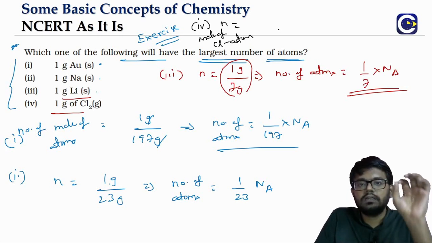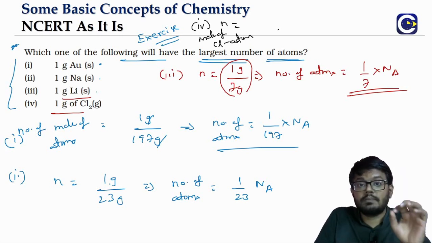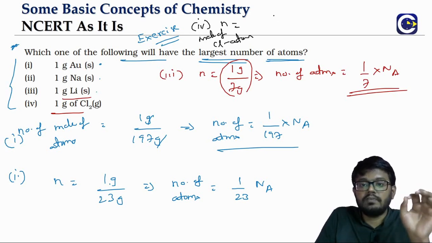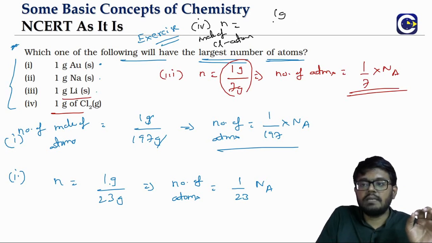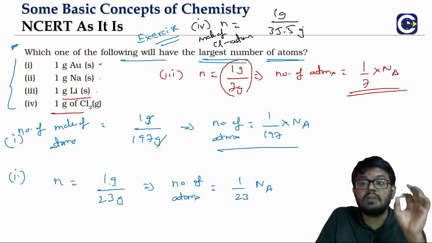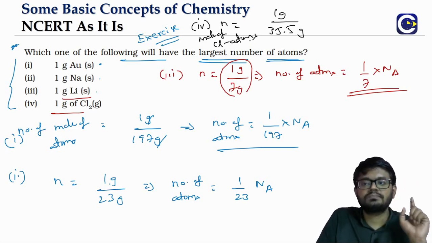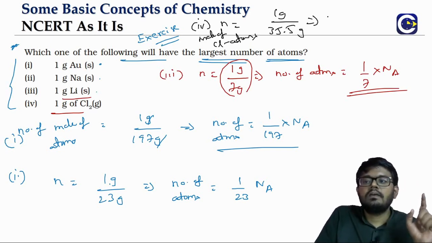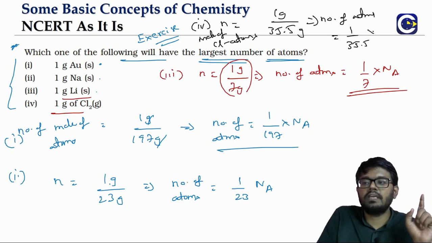If we are having given mass by gram atomic mass, that will give us the number of moles of atoms. So I am going to divide the given mass 1 gram by the gram atomic mass, 35.5 grams. So we will get the number of moles of chlorine atoms straight away. From here we want actually what is the number of atoms of chlorine, right? Number of atoms means 1 by 35.5 into Avogadro number.